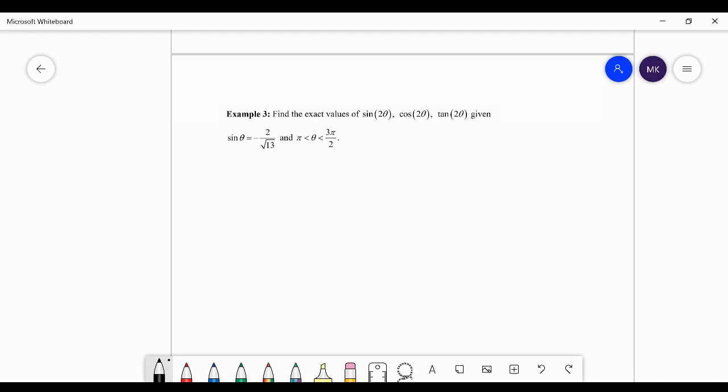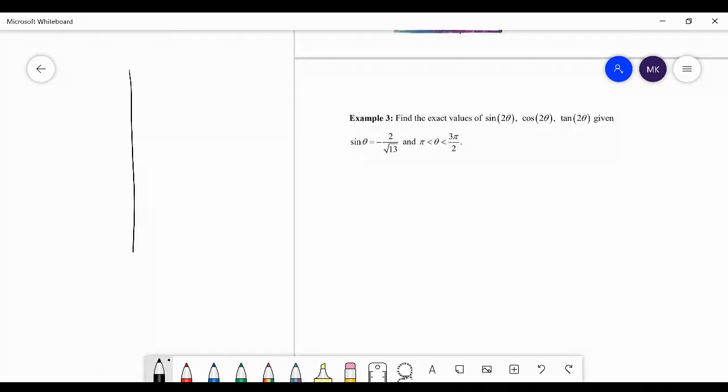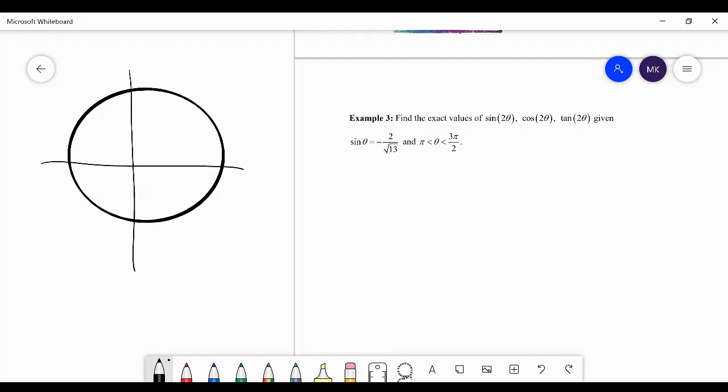But if we think about our unit circle, this right here is pi, and this right here is 3 pi over 2. So if our angle theta is between these, that's the same as saying that theta is in quadrant 3.